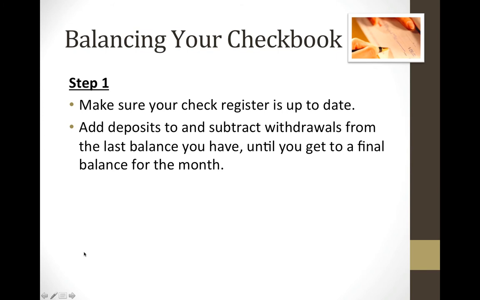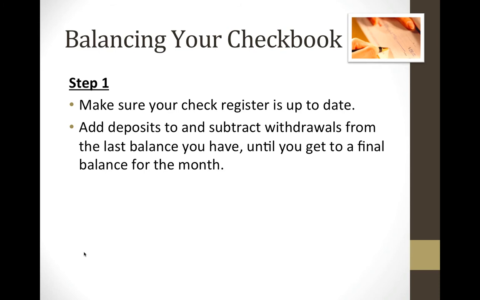Step number one, you have to make sure that your check register is up to date. In theory, as you are making withdrawals and deposits out of your account, you should be recording all of that in your checkbook. You should be keeping track of a running total of how much money is in your checking account.